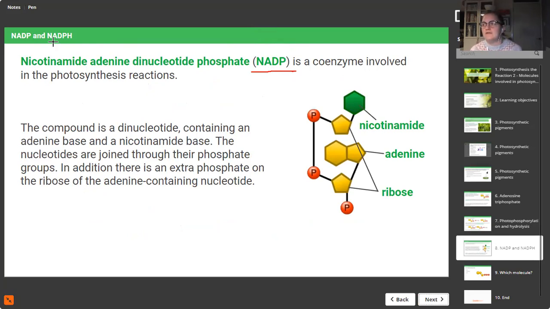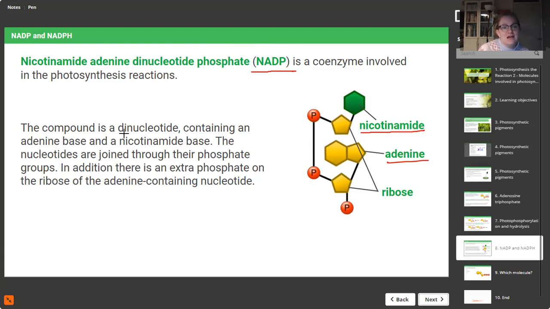You may on occasion get asked to write that on an exam for a 1-mark question, or you may be given the initials and asked in a multiple choice what NADP stands for. It's a coenzyme that's involved in the photosynthesis reactions. It's a dinucleotide, and it contains an adenine base, very similar to adenosine triphosphate and adenosine diphosphate. So it's got the adenine base here and a nicotinamide base.